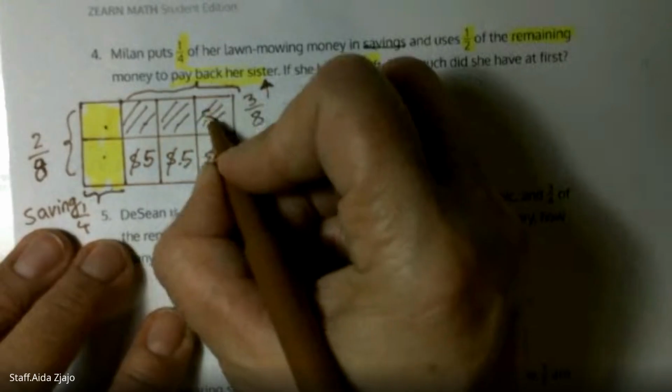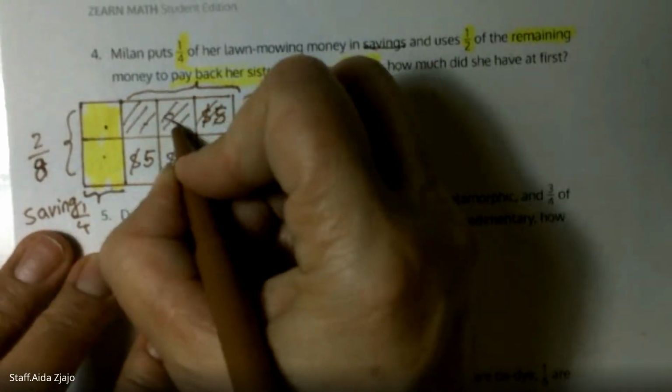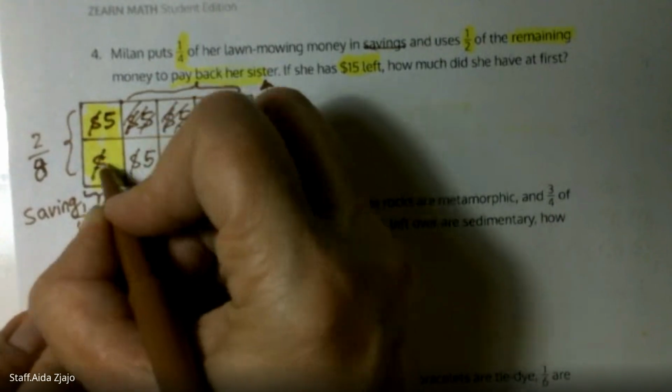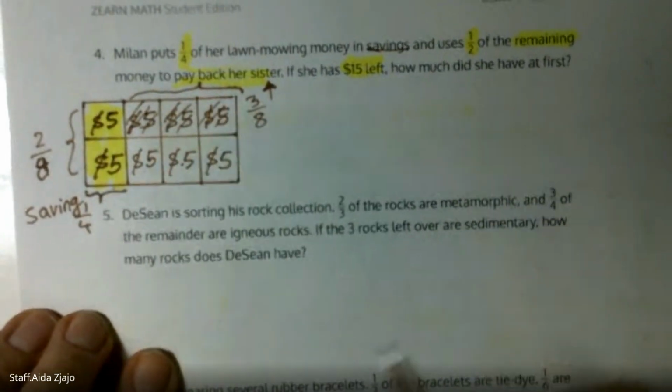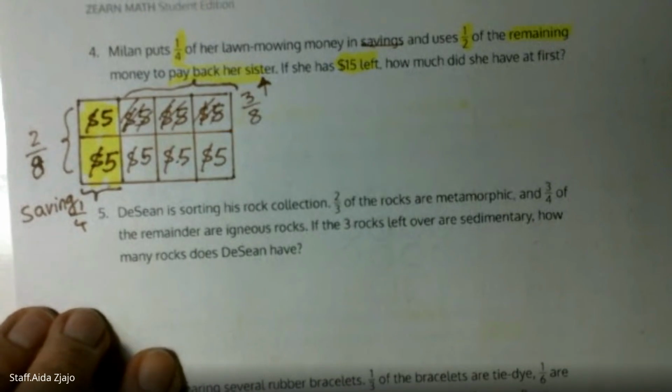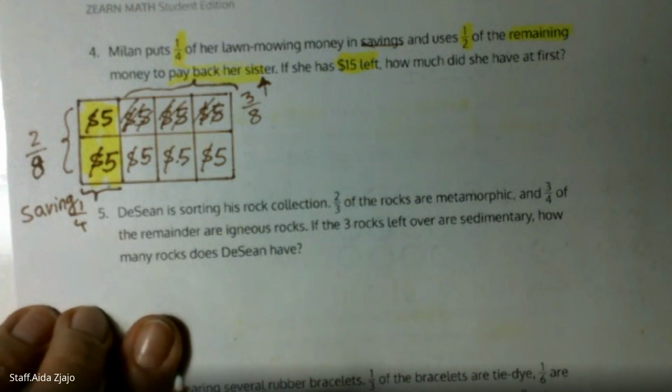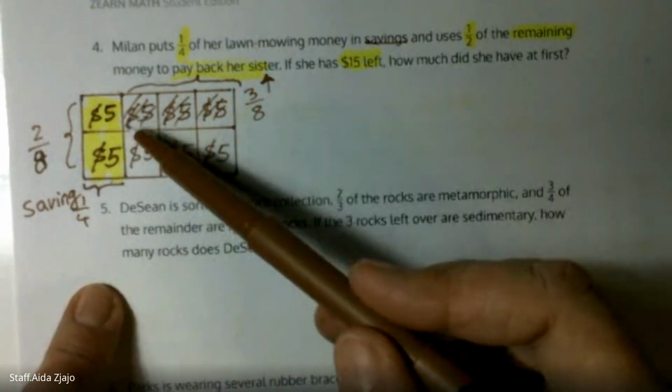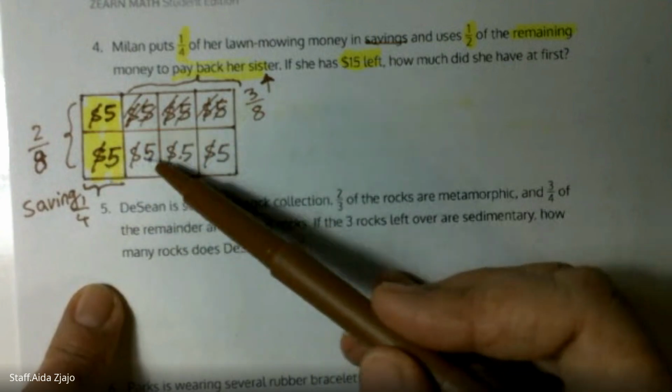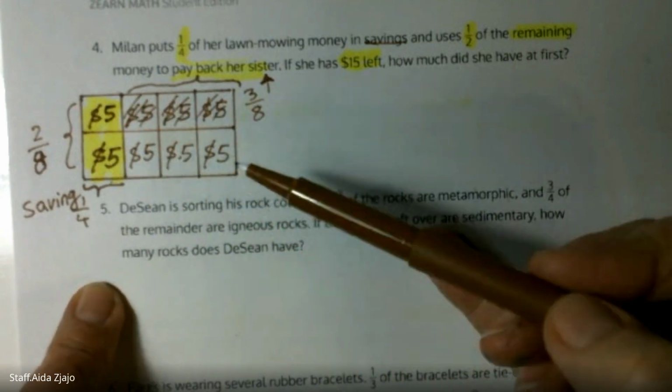Each piece is the same amount, the same size of the fraction. So we know now how much money in total she had. So the total was 5, 10, 15, 20, 25, 30, 35, $40.